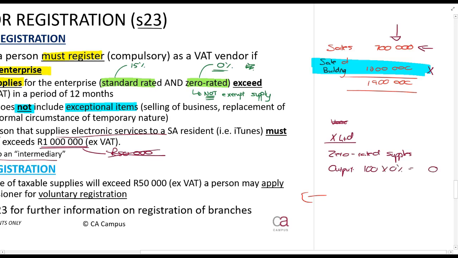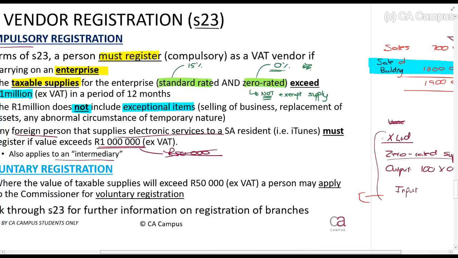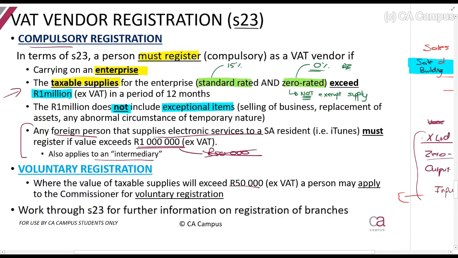If they now go and buy things from VAT vendors, and they've got invoices with VAT on it, they can still claim the input tax. Let's say it was 50 rands. So it's possible for these companies, the ones that do a lot of zero-rated supplies, to charge nil output VAT, but claim input VAT. So for them, it's definitely a good thing to register as a VAT vendor. So if you make more than 50,000 rands a year, you can apply to SARS to register as a VAT vendor.